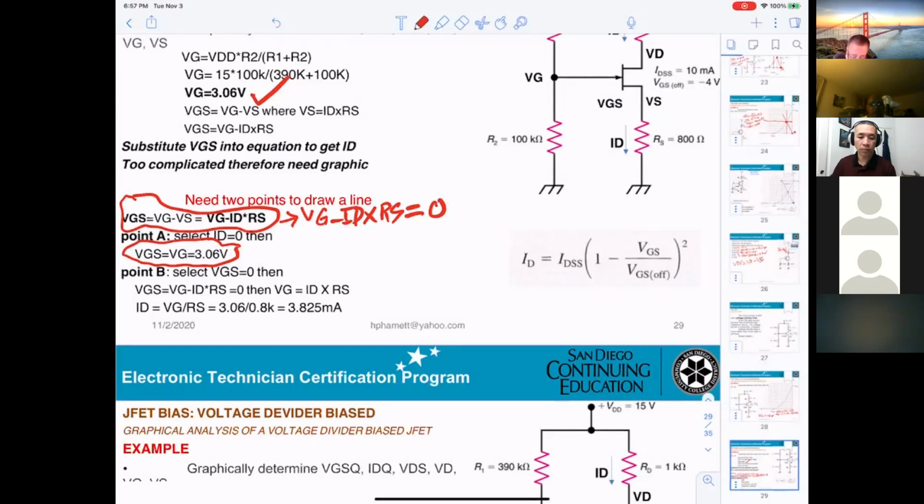So that will be telling you ID times RS equals VG. So ID equals VG divided by RS. That's what you get, 3.8.